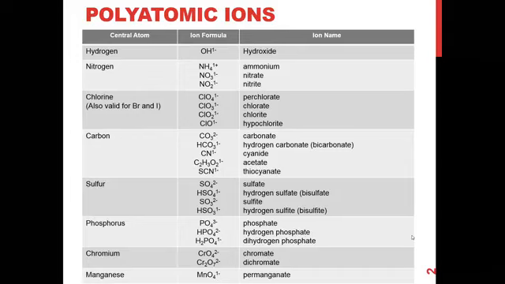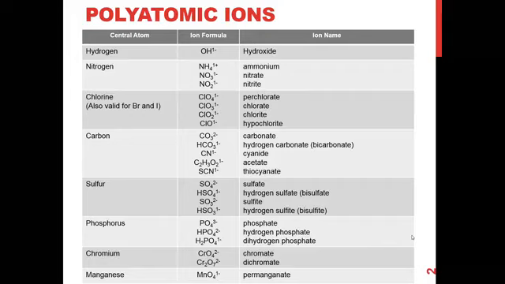Polyatomic ions that contain oxygen and end in ATE always have 1 more oxygen than a polyatomic ion whose name ends in ITE. If you look through the table, you will notice another example when you get to sulfur. Here you see sulfate, SO4 2-, and sulfite, SO3 2-.